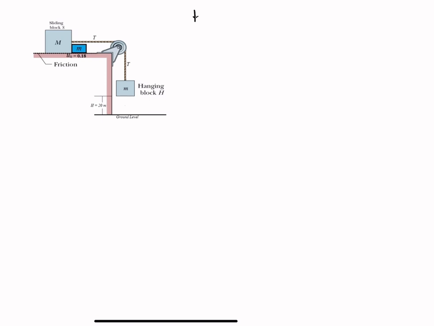Okay, so for part H, let's start with block S. Since it is flat on the floor and there's no additional vertical force acting on it, we can label this as Fg S and Fn, and they are equal in magnitude.